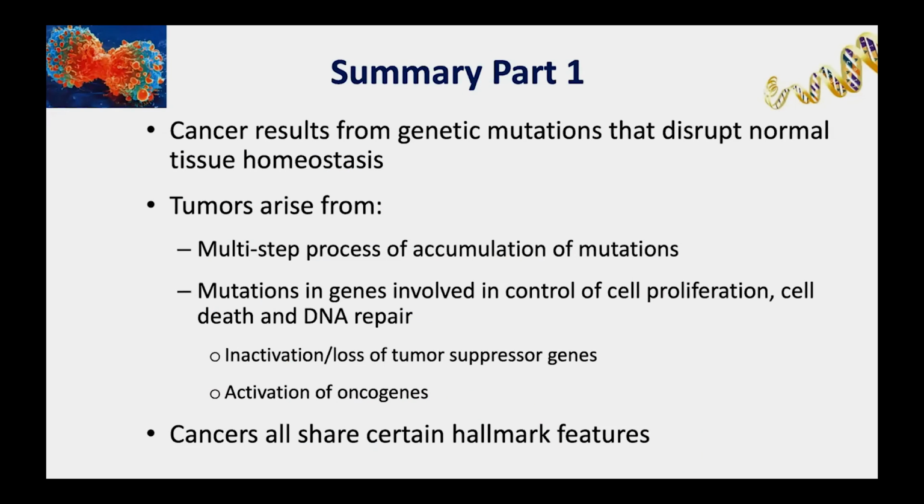Okay, so I want to summarize what I've talked about thus far. I've talked about from the beginning how cancer results from genetic mutations that disrupt normal tissue homeostasis, so disrupt the processes that control the normal number of cells. And tumors arise during this multi-step process of accumulation of multiple mutations.